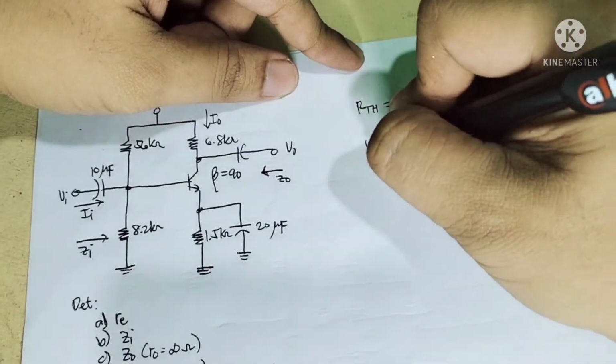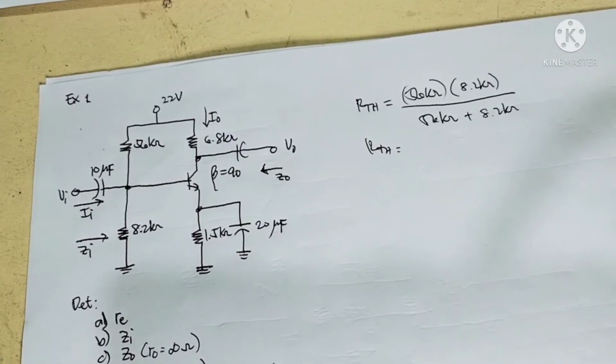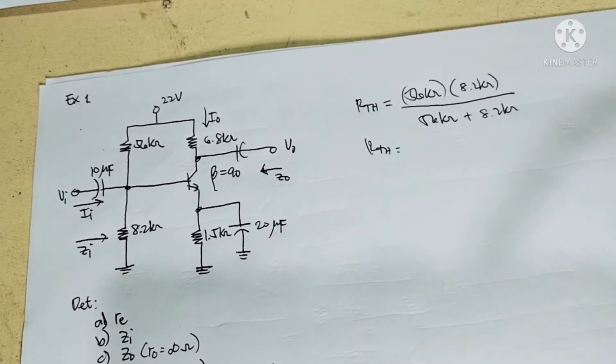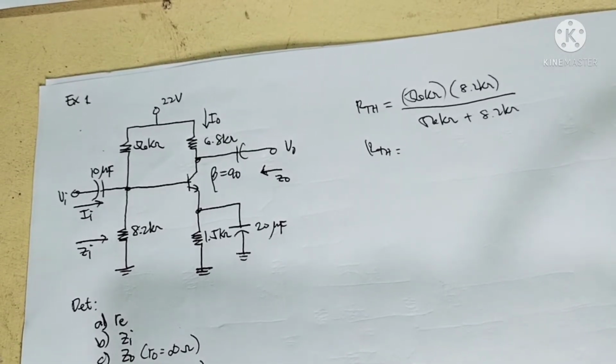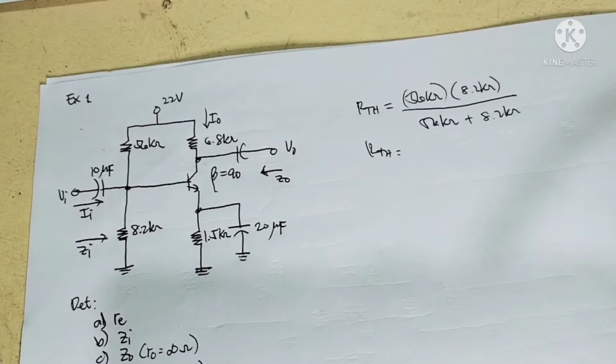So RTH is equal to, use your calculator, 56 times 8.2 divided by 56 plus 8.2.